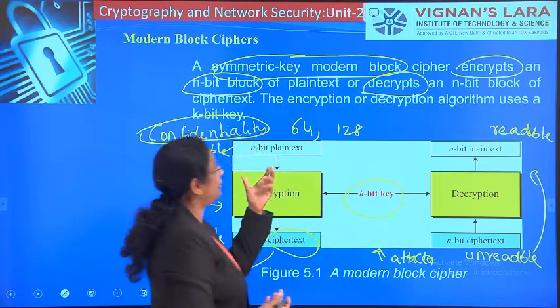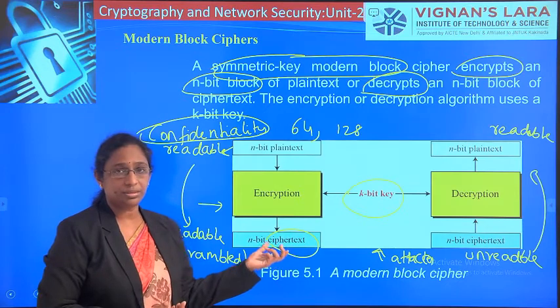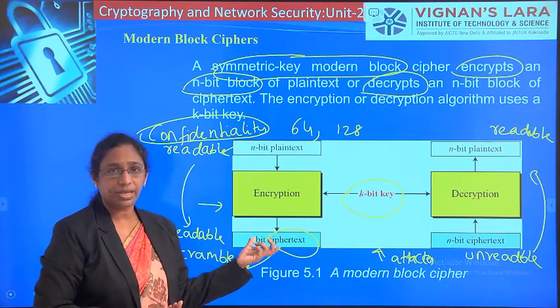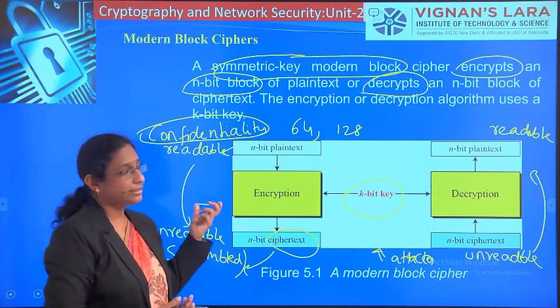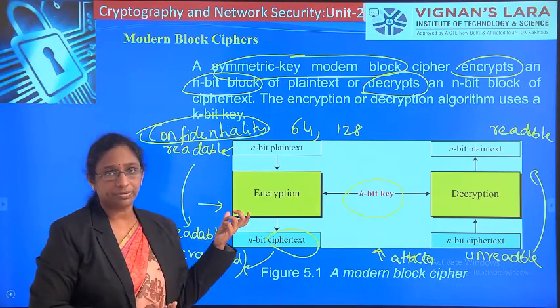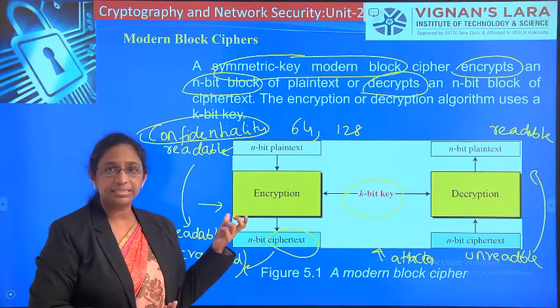Similarly, symmetric key means that the encryption and decryption process use the same key. Then the next term we have seen is the block cipher. What is a block cipher? A cipher is nothing but the algorithm.